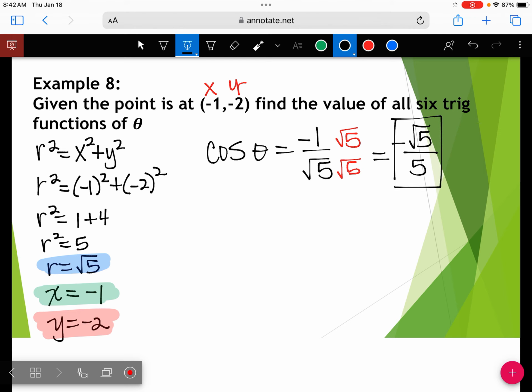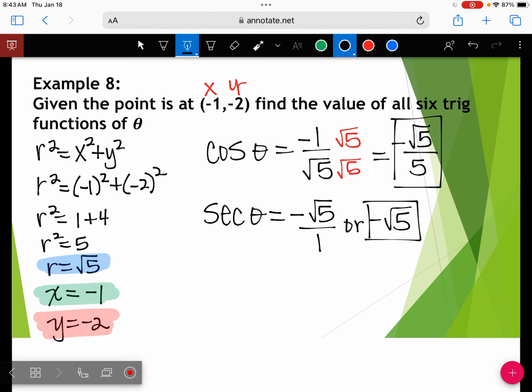So our cosine is negative square root of 5 over 5. And the sister to cosine is? Secant. So that would be negative square root of 5 over 1, or you could just write it as a negative square root of 5 because your denominator is 1. I would take either one on the test.